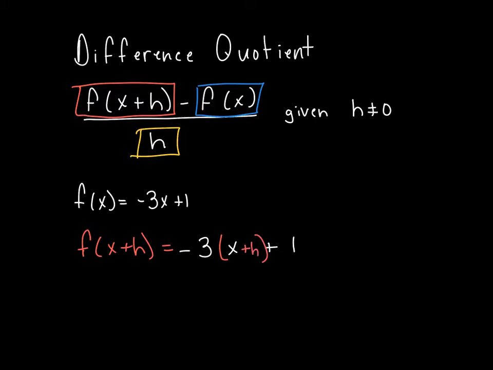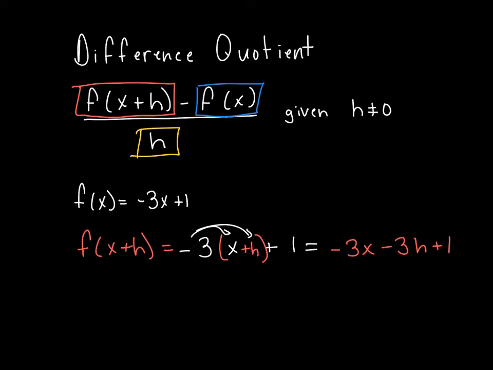When I do this, I do have to go through and distribute. So this would leave me with f of x plus h equaling negative 3x minus 3h plus 1.